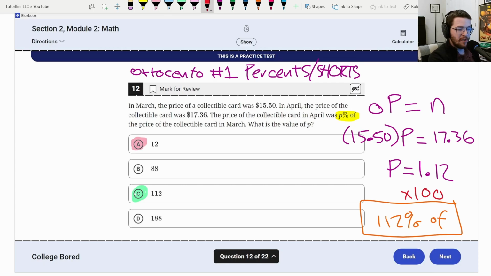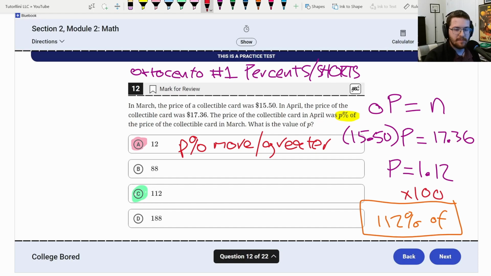And it would be right, though, if the question sounded like a percent increase. Like, let's say instead of p percent of, it said p percent more or p percent greater. Because to do a percent change, once you get that percent multiplier, you have to subtract 1 first, then multiply by 100. But for percent of, to go from the multiplier to the percent, all you do is multiply by 100.